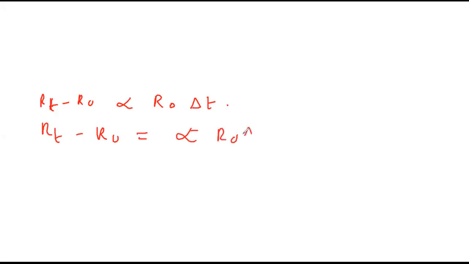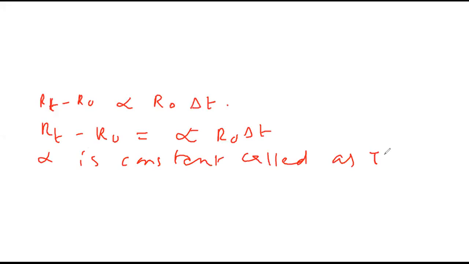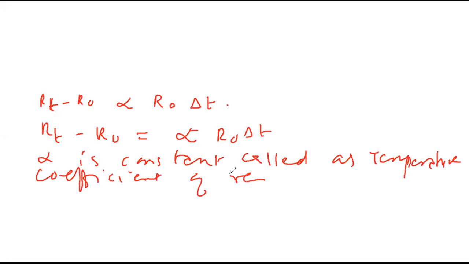So we can say RT minus R0 is directly proportional to R0 and delta T. Therefore, RT minus R0 equals alpha R0 delta T. Alpha is a constant called the temperature coefficient of resistance.